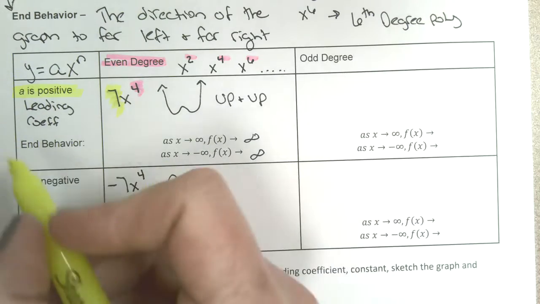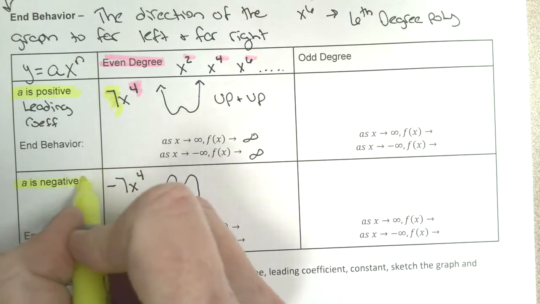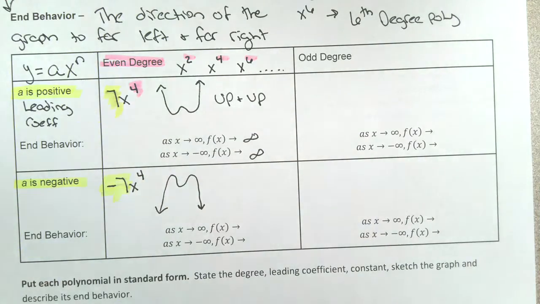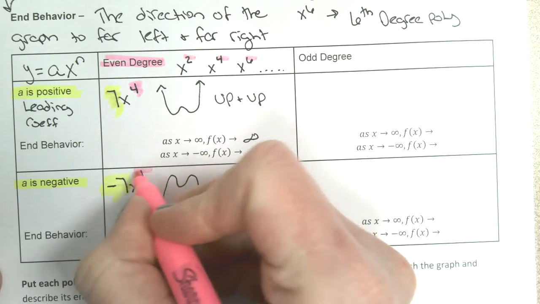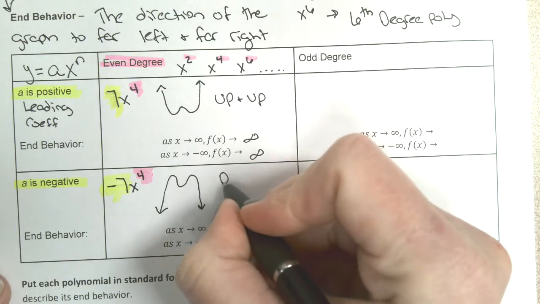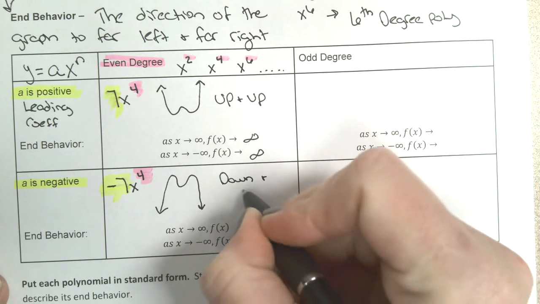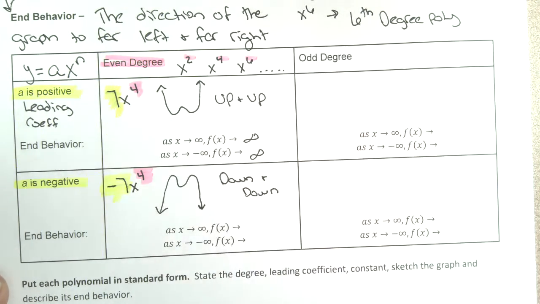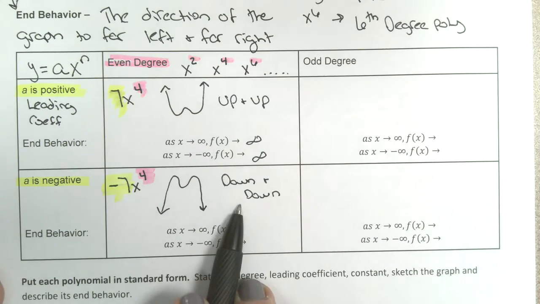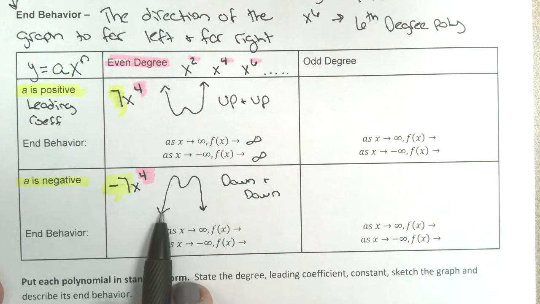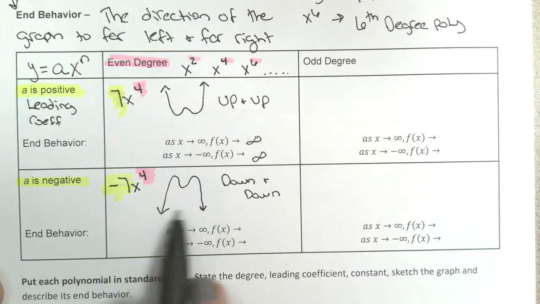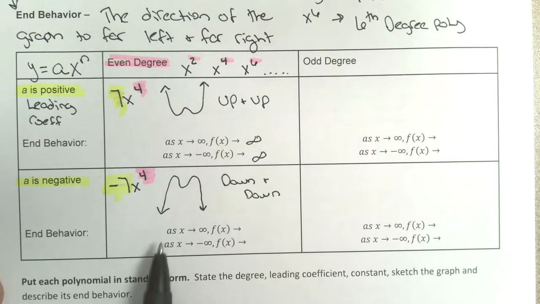So if your leading coefficient, your a, is a negative number, paired with your biggest exponent is an even number, I generally say it goes down and down. I'm trying to describe the end behavior to the far left and the far right. It's going down to negative infinity and down to negative infinity.